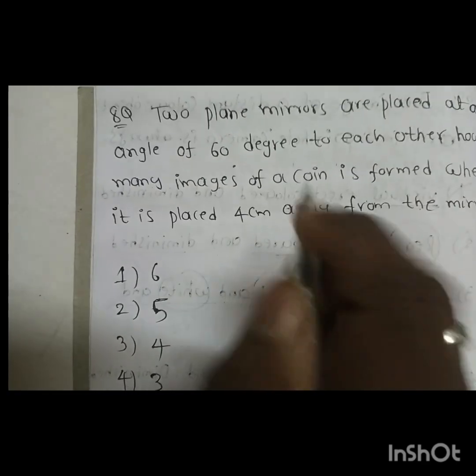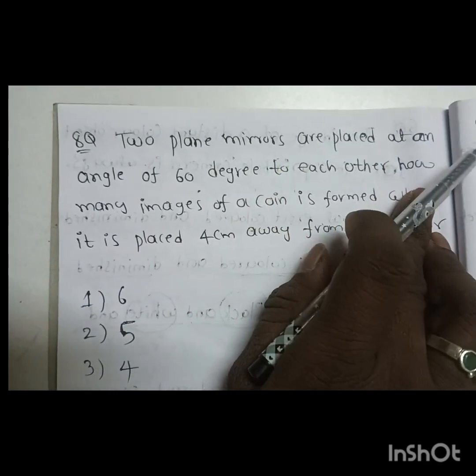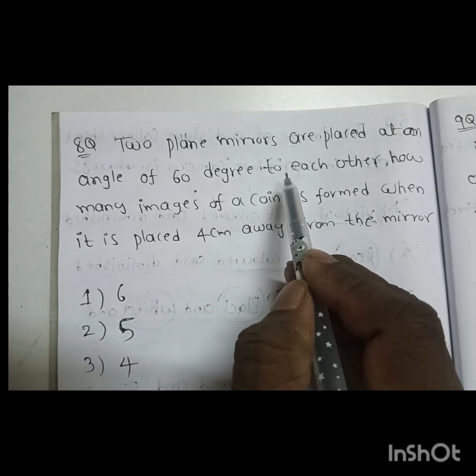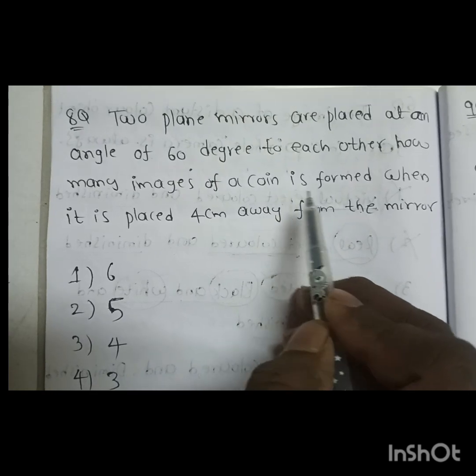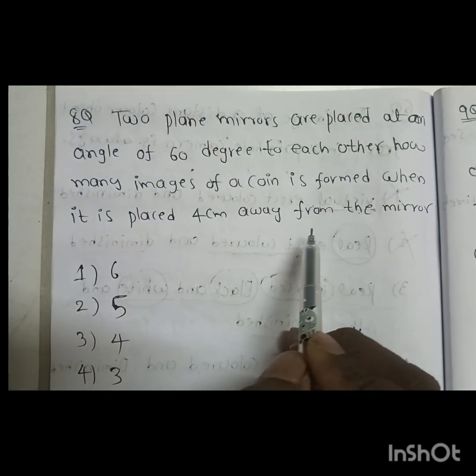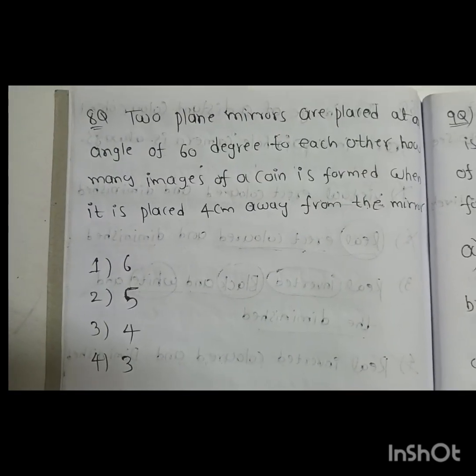Next, two plane mirrors are placed at an angle of 60 degrees to each other. How many images of a coin are formed when it is placed 4 centimeters away from the mirror? This is a very important question.